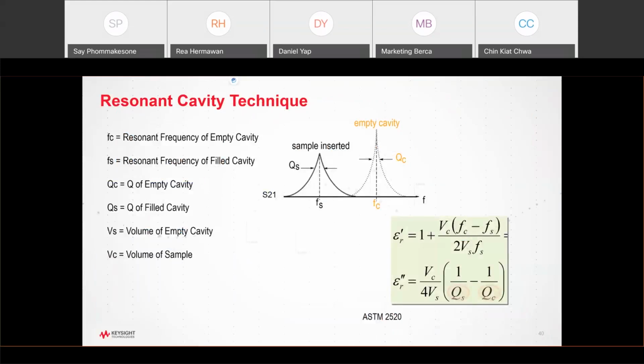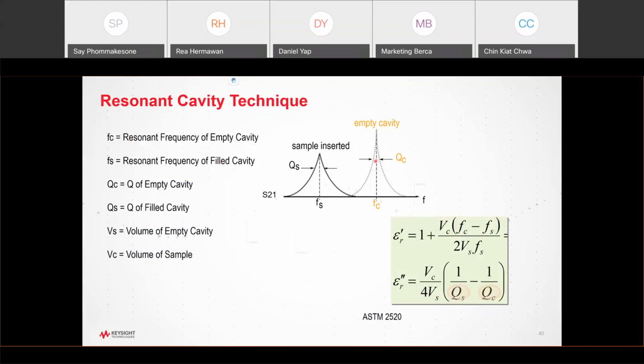Basically, it measures the empty fixture, it measures the resonant frequency of the fixture, and measures the Q value or the bandwidth. The higher Q value means a narrower bandwidth, which gives you a more precise measurement of the imaginary part of your permittivity. Okay?